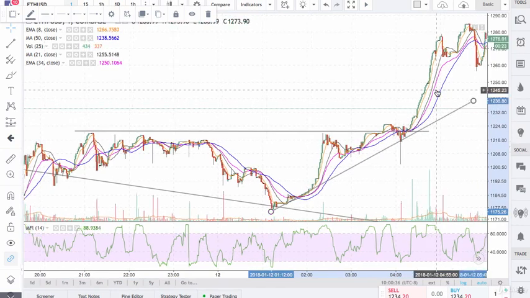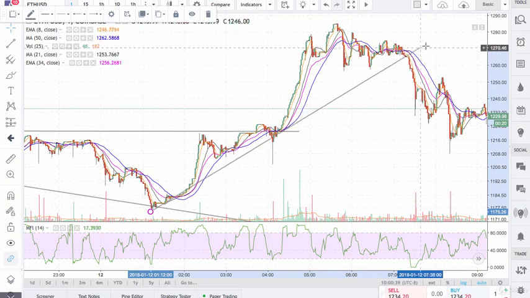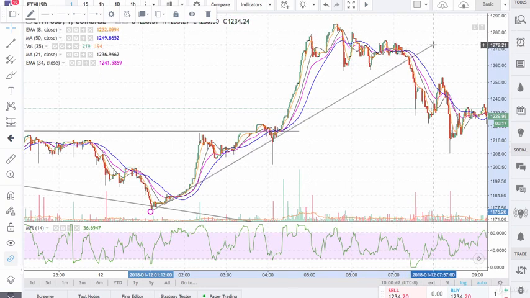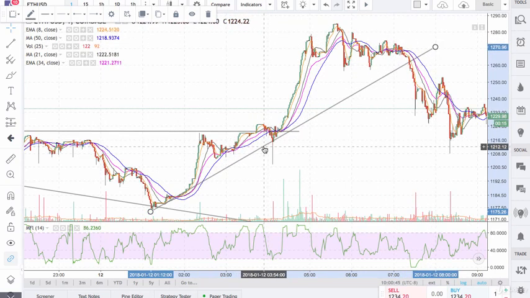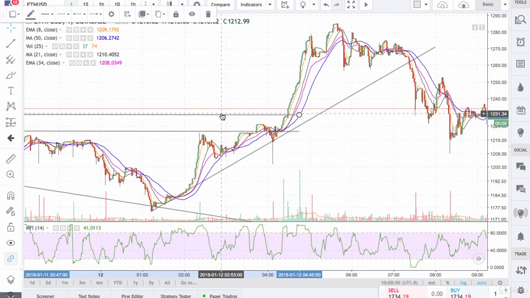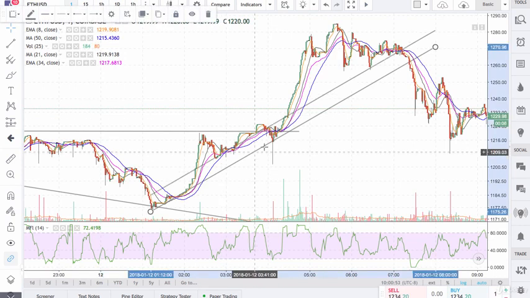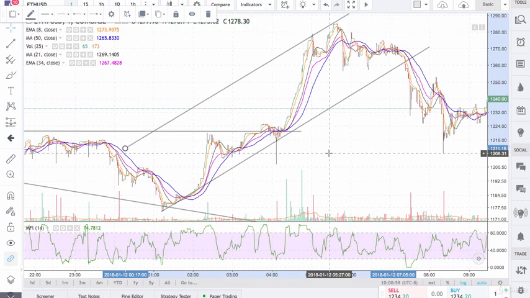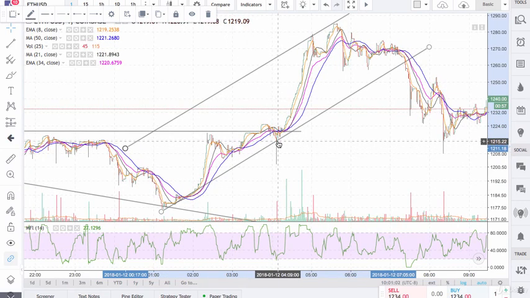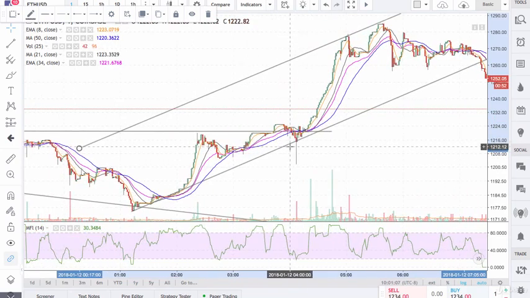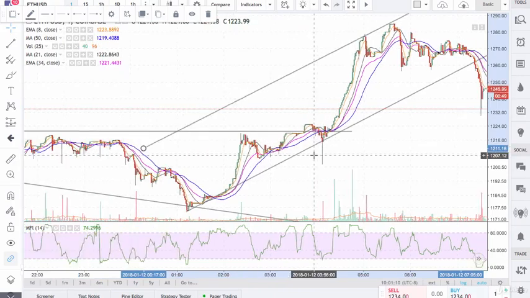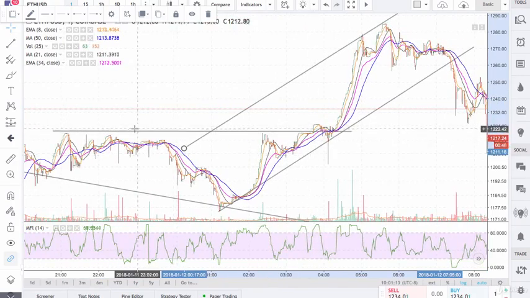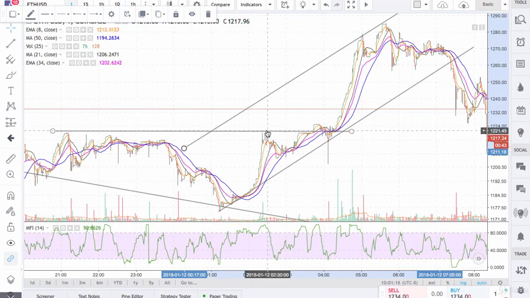Okay, so this is the bottom of the channel, and then you make the top of the channel. So we have price popping down for just a split second and then back up again. This could have taken out people. But then here price returns above the support, right here.